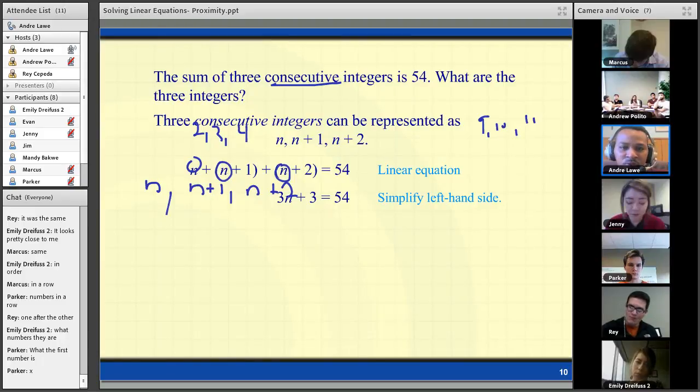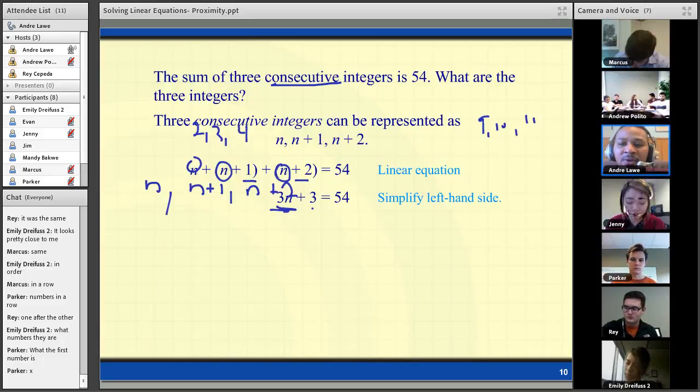So that's going to give us 3n. And then our numbers 1 and 2 would make 3. So our expression then would be 3n plus 3 equals 54. So now we have it in a regular form or standard form for a linear equation.